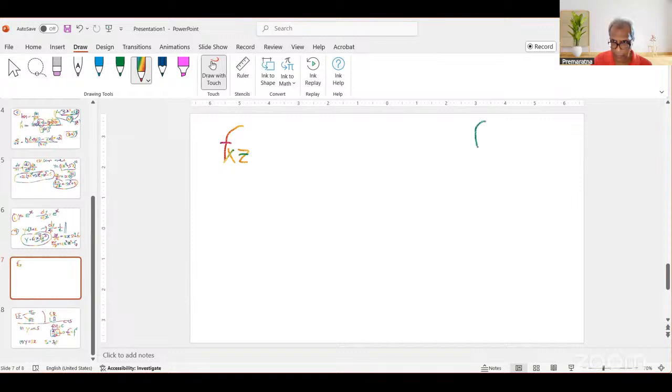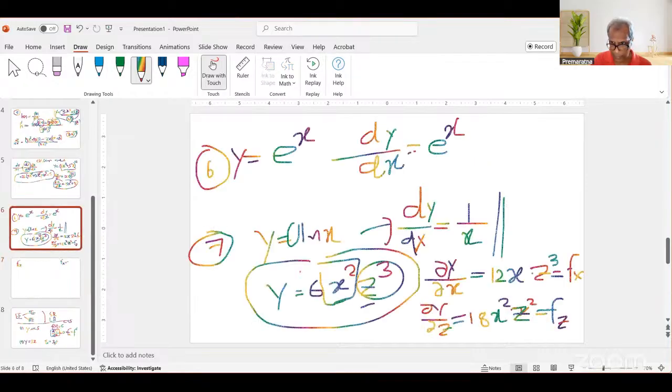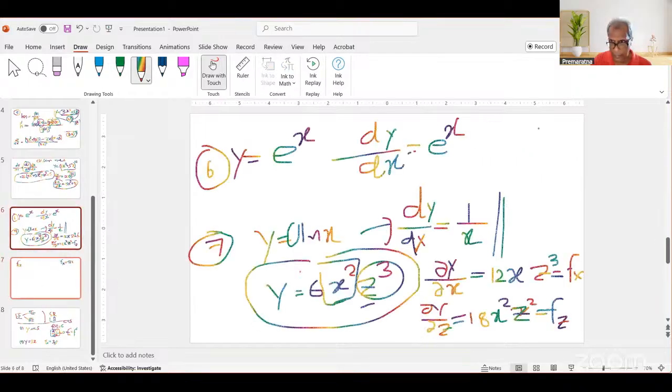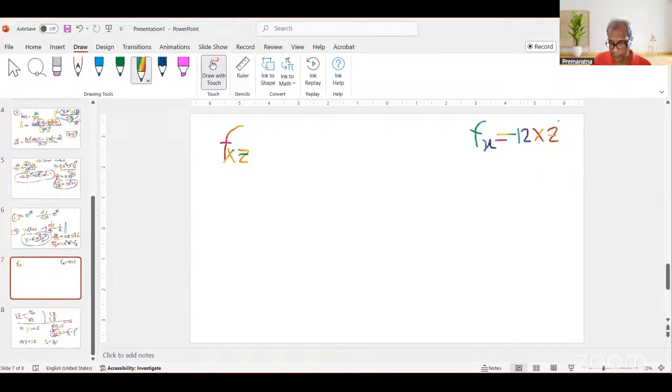In our example, when you differentiate with respect to x, we got 12 x z cubed. So for cross differentiation, now this one we have to differentiate with respect to z, then the answer becomes 3 times 12 is 36, then x remains as it is, and z to the power 2. This is what we call cross differentiation.